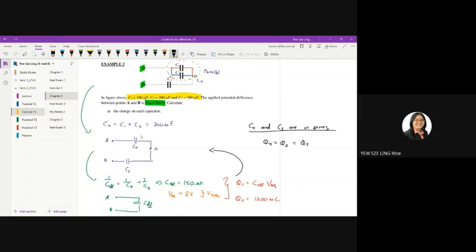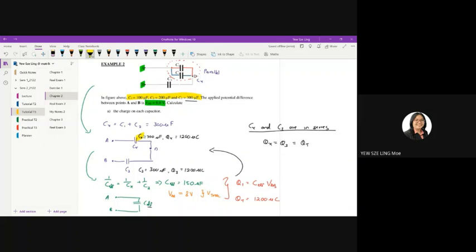We have Cx equals 300 microfarad, and Qx equals 1200 microcoulomb. And C3 is given as 300 microfarad as well. And then Q3, according to our analysis just now, is also 1200 microcoulomb.